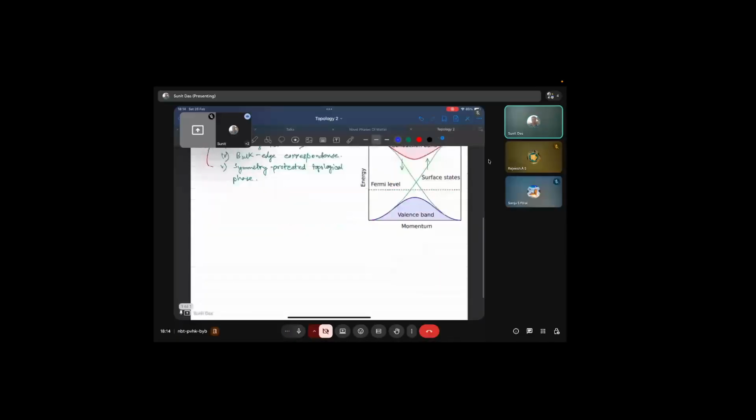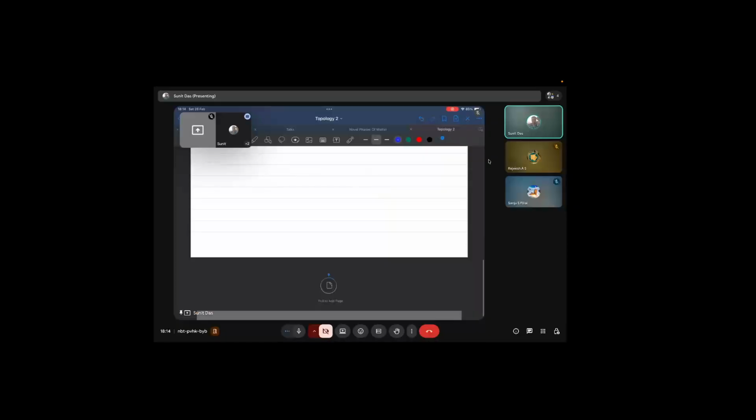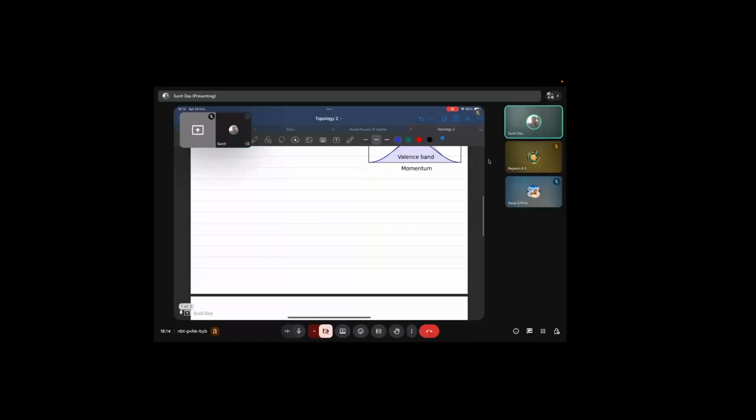Okay. So imagine we take a tight binding lattice where these are my atoms, A type and B type. These are one unit cell, let's say. And this is an infinite chain.